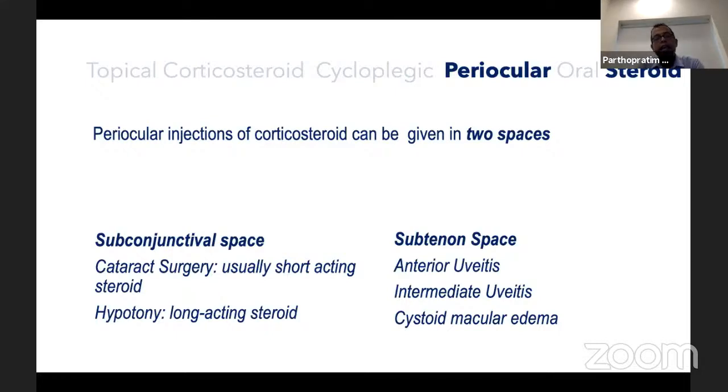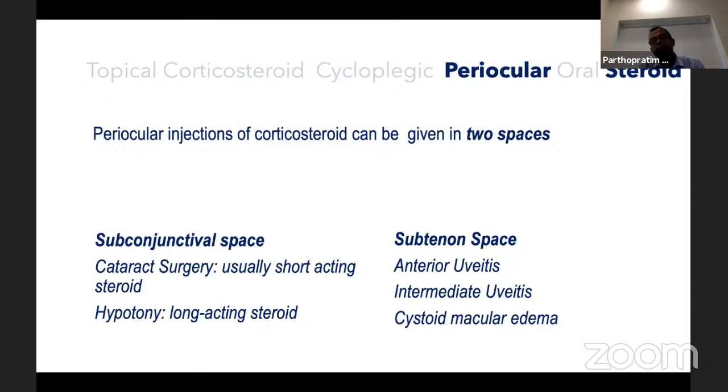And also in cases of hypotony, when you need to challenge the ciliary process to secrete more aqueous, we give a long acting steroid preparation like triamcinolone acetonide.